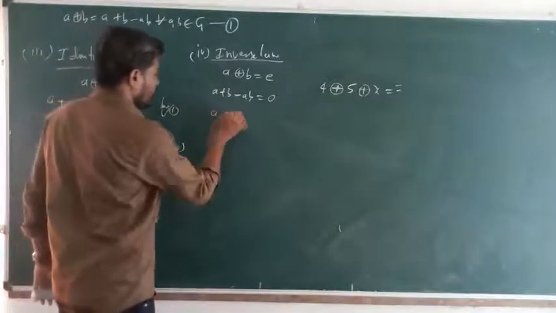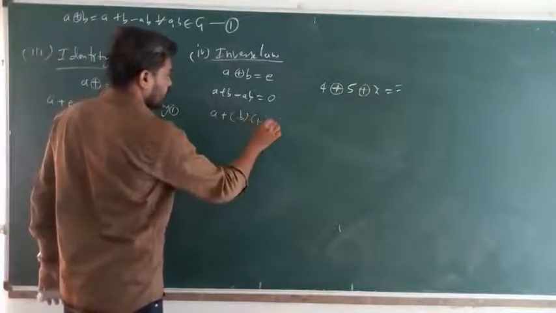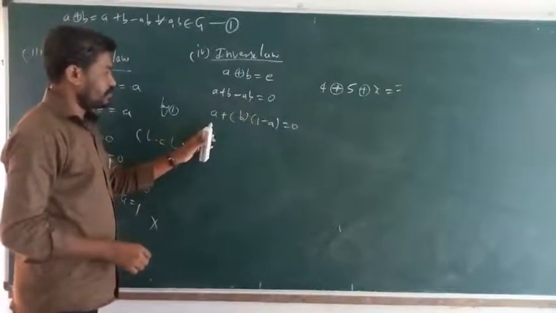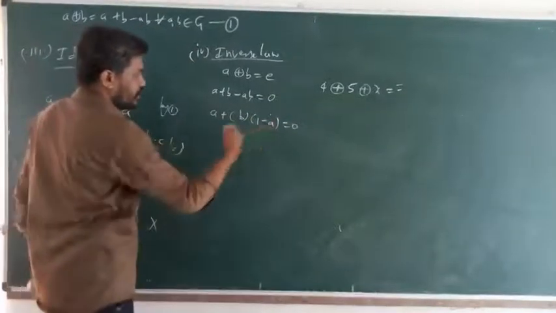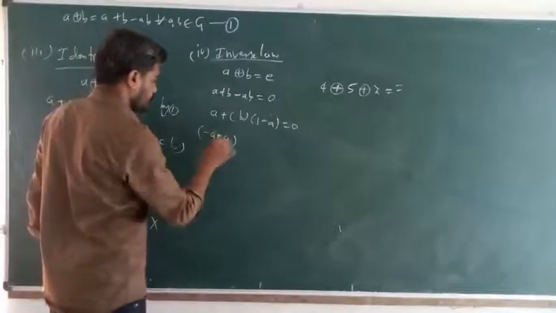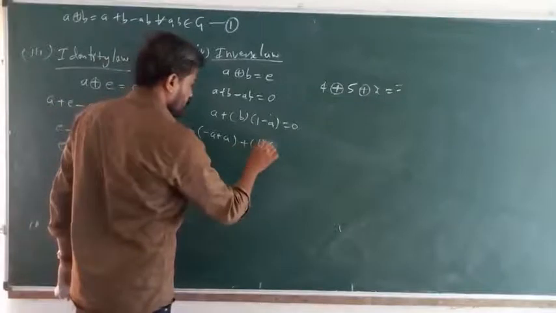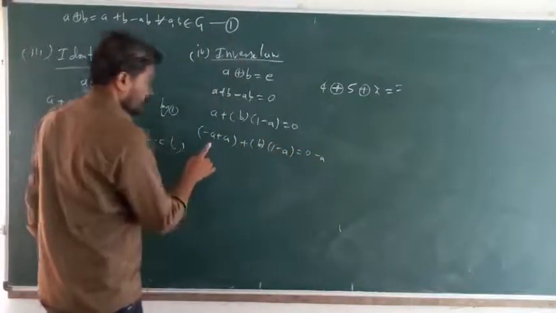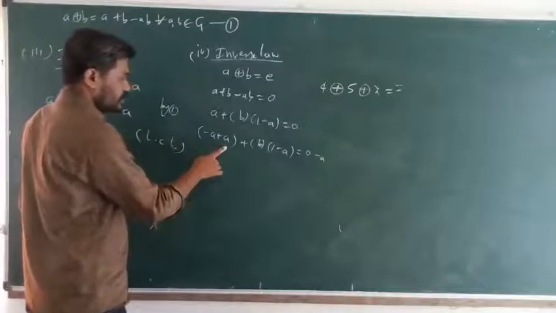So A plus B minus AB equals 0, B outside: B times (1 minus A). Again left cancellation law. On both sides you can add minus A plus A. B times (1 minus A) is equal to 0 minus A. Minus A plus A is cancelled, this is 0.